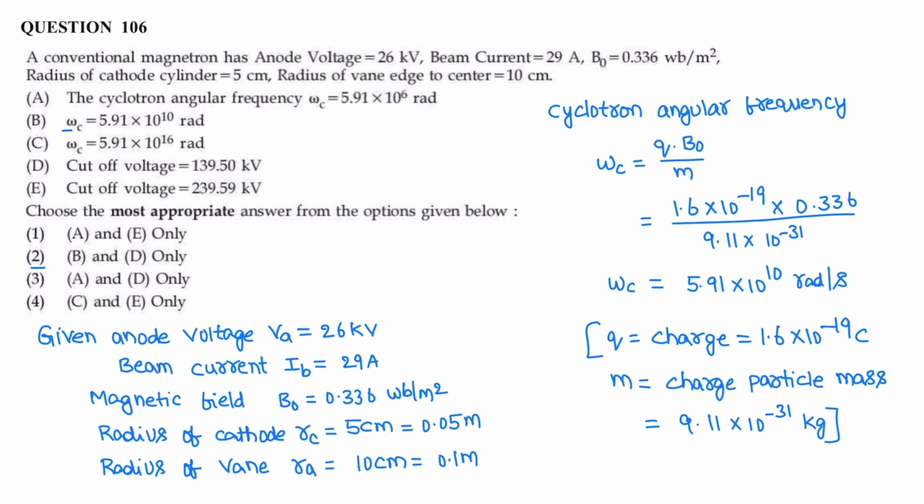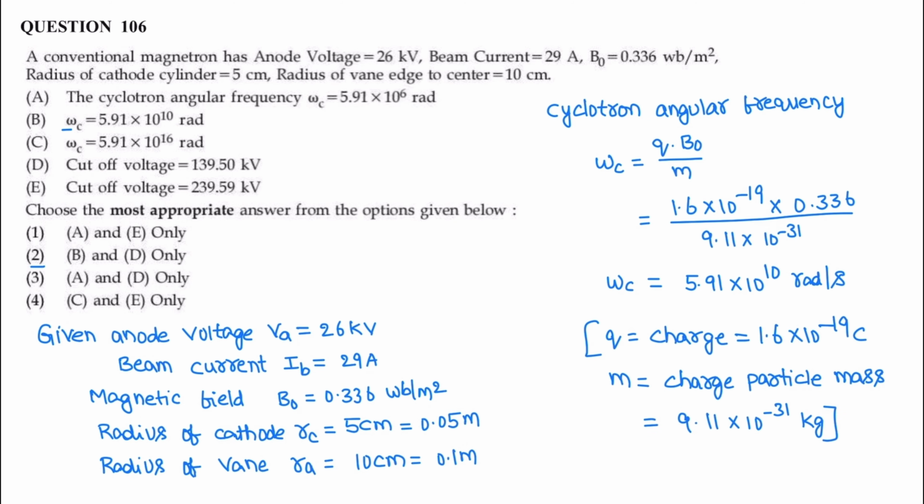Question number 106. A conventional magnetron has an anode voltage of 26 kilovolts, beam current of 29 amperes, magnetic field B naught 0.336 Weber per meter square, radius of cathode cylinder 5 centimeters, radius of vane is 10 centimeters. We need to calculate the value of cyclotron angular frequency.